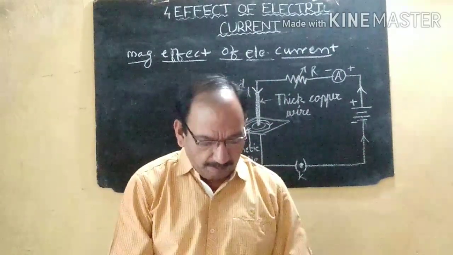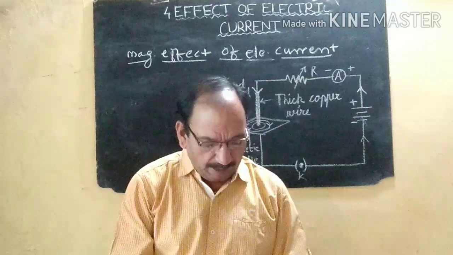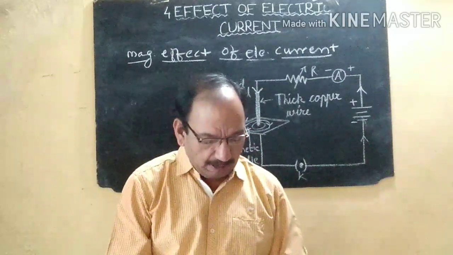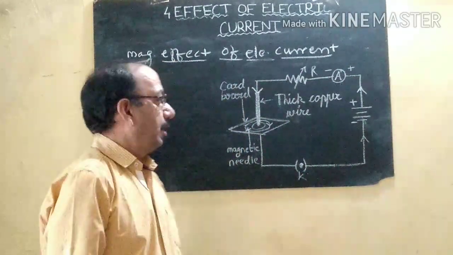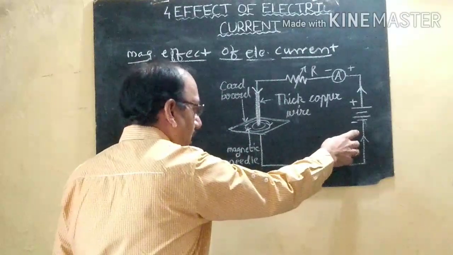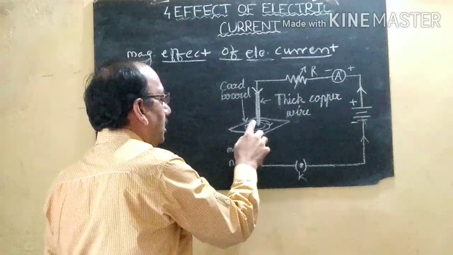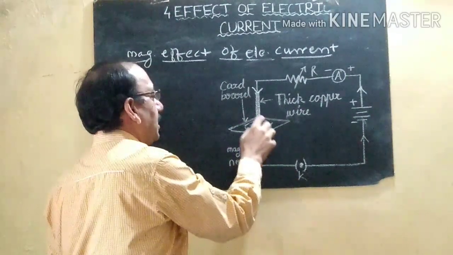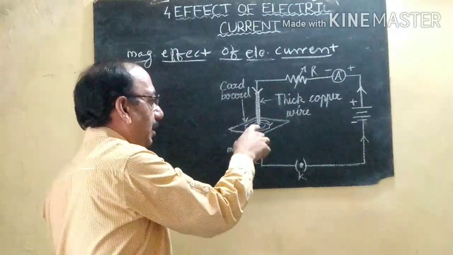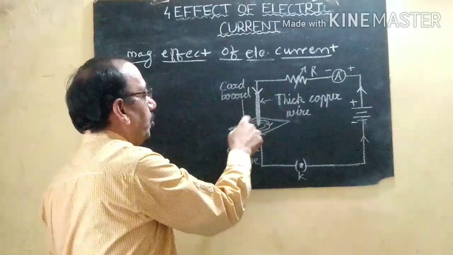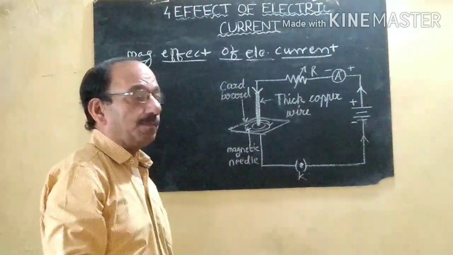As the distance from the wire increases, if the current through the wire increases, the intensity of the magnetic field also increases. When we increase the current passing through this electrical circuit, the number of concentric circles increases. It indicates that the magnetic field produced around this conducting wire is strong.